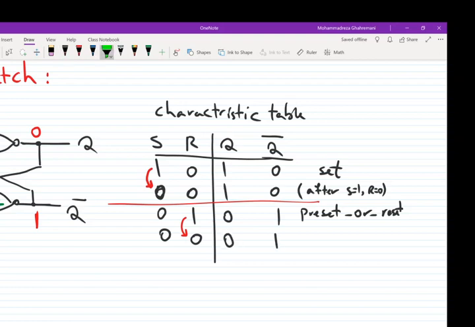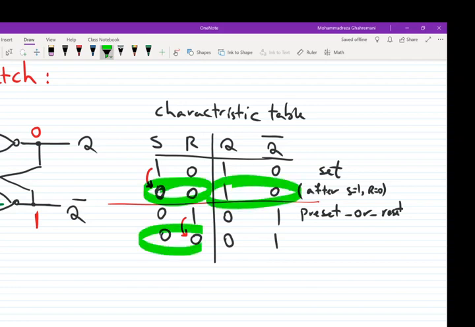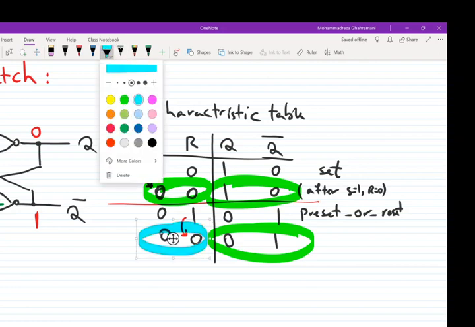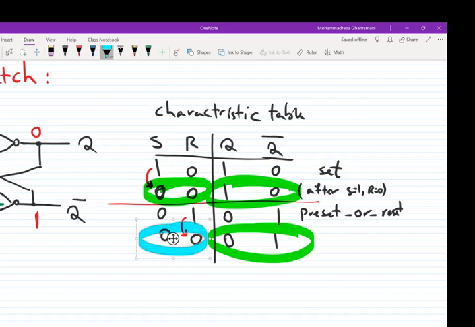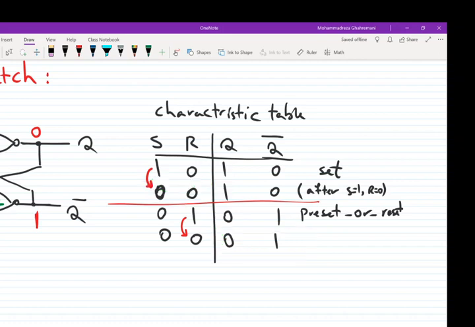You see, for one 0, 0, we had 1, 0. For the other 0, 0, we have 0, 1. Okay, how is it possible? Because it has memory of the previous state. And based on the value of the previous state, it determines the output of the current state. So let's continue.